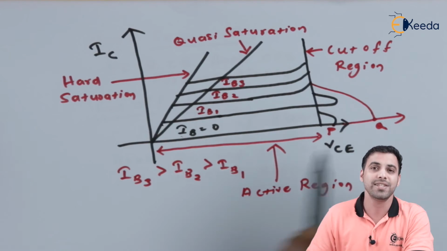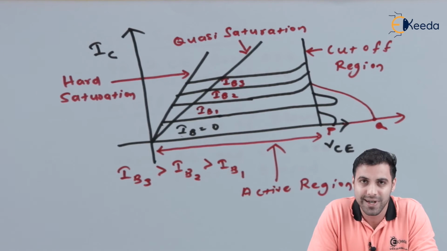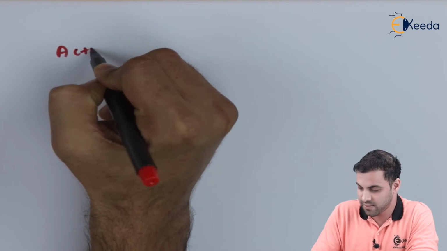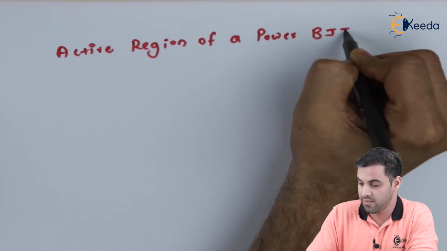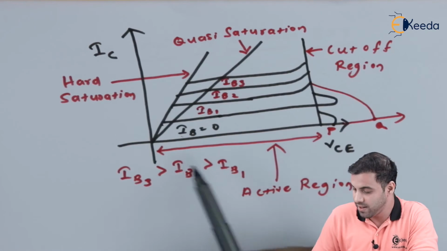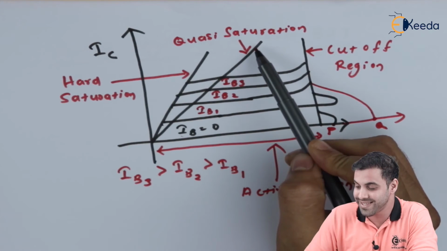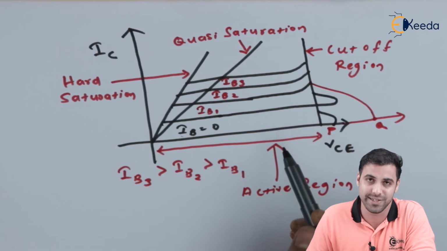Now friends, let's talk about what an active region of a bipolar junction transistor is. If you can see, the region between the quasi-saturation and the cutoff region is called an active region.